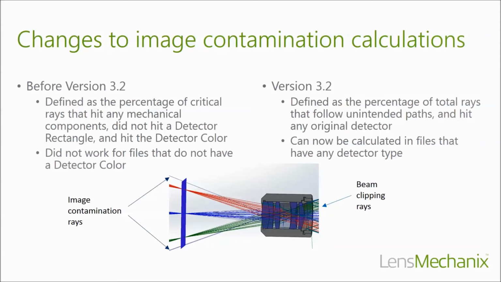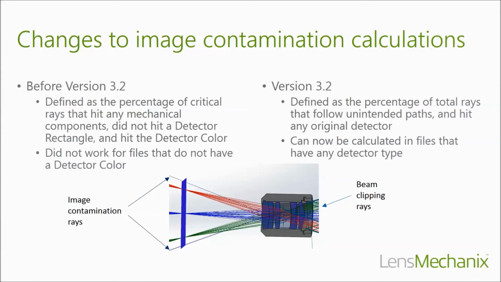On the bottom, there's a little image where the navy blue rays are the image contamination. You can see that they are hitting the mechanical component close to the front, which would be the right of the picture.